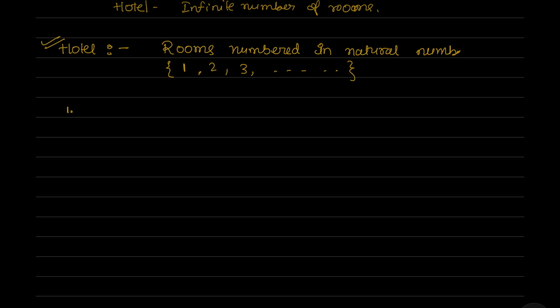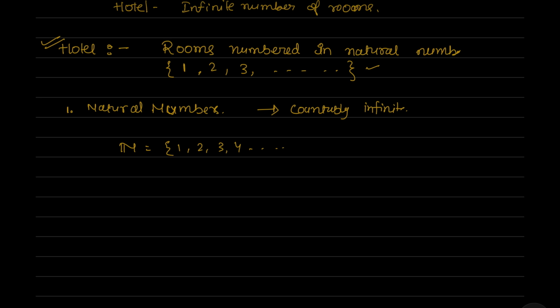First one, we have natural numbers. Now suppose for each number you are able to find a room in this hotel, then we can call that natural numbers are countably infinite. What are my natural numbers? 1, 2, 3, 4, goes to infinity.